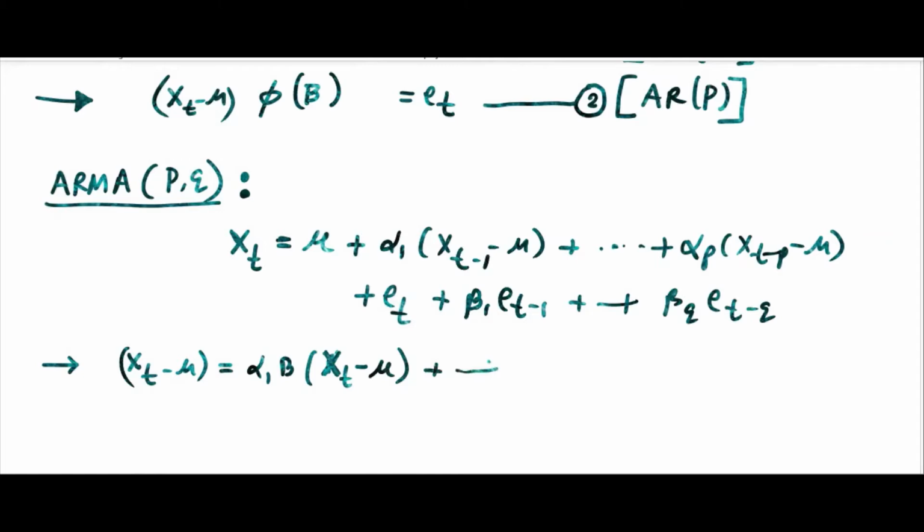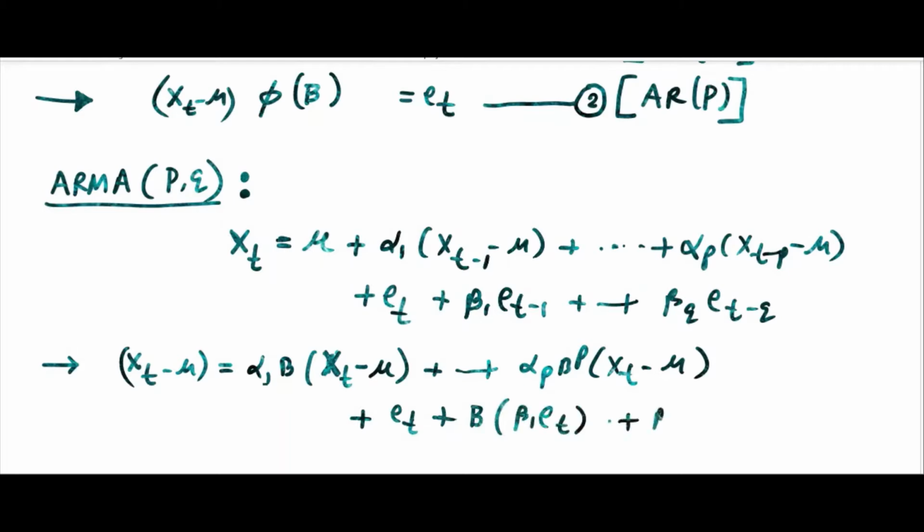Similarly, you continue writing alpha p B^p (X_t minus mu), and here also you apply the operator B: beta 1 e_t, then B^q beta q e_t.